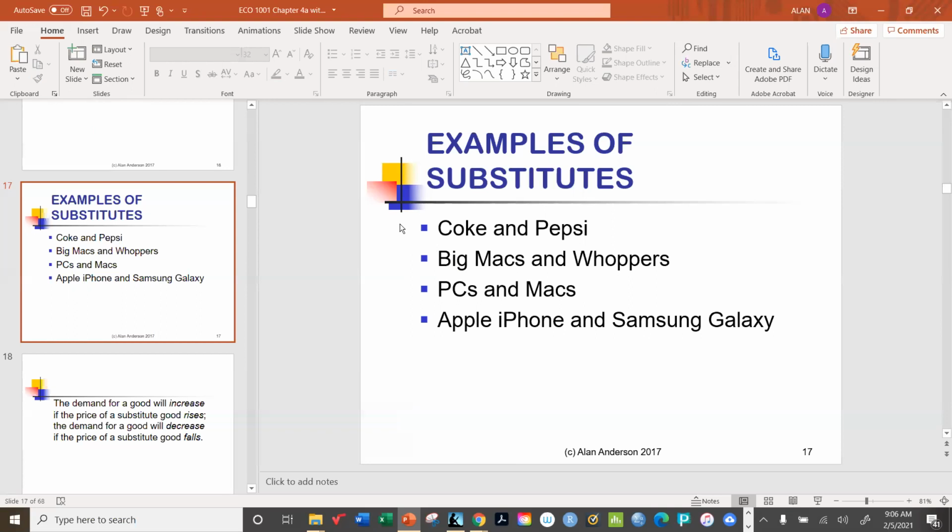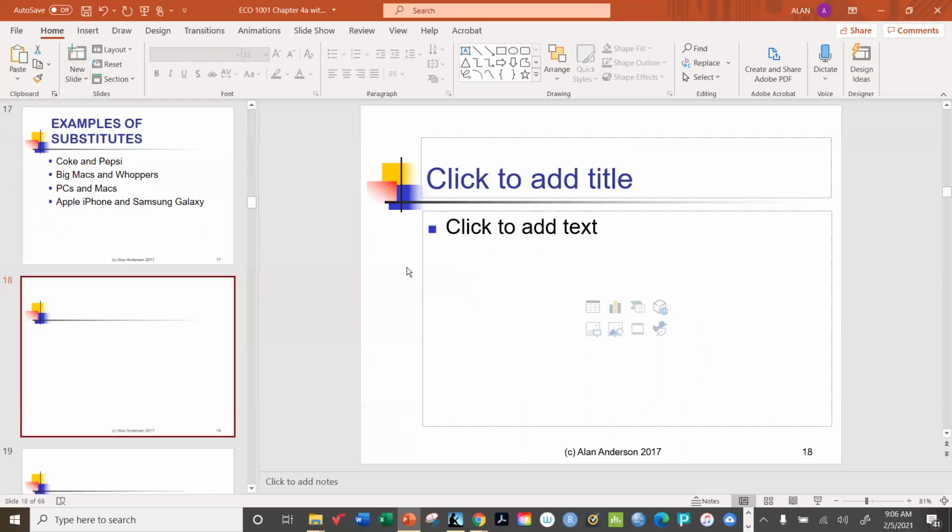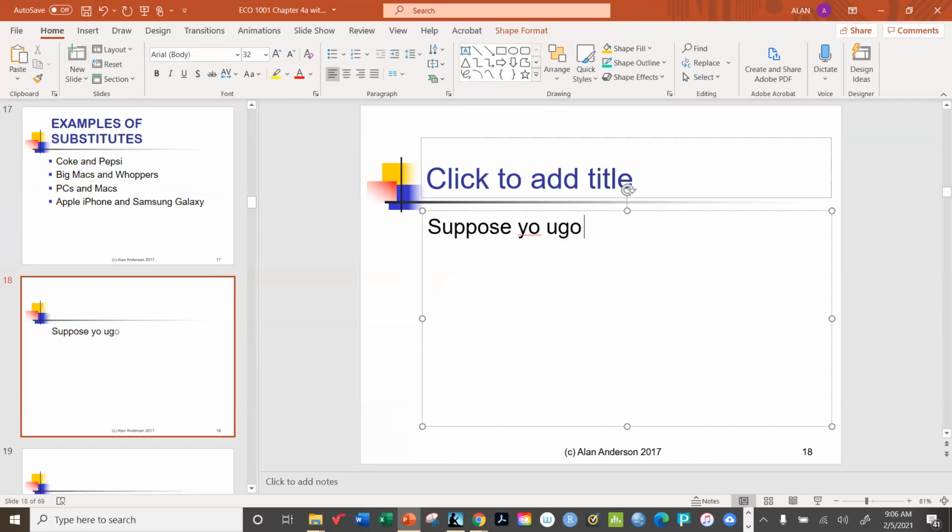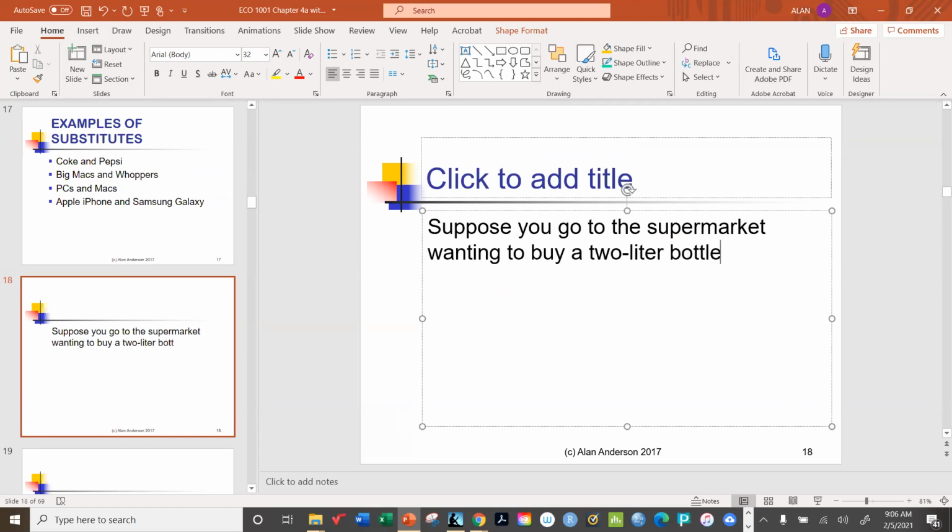Now, why does that matter? Well, think about this. Suppose that you go to the supermarket wanting to buy a 2-liter bottle of Pepsi.